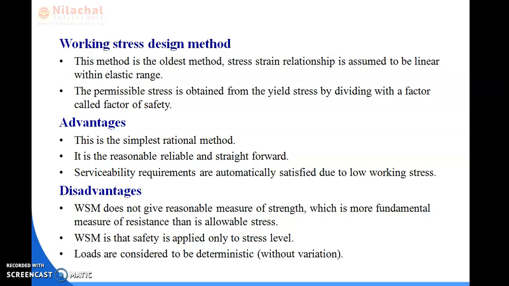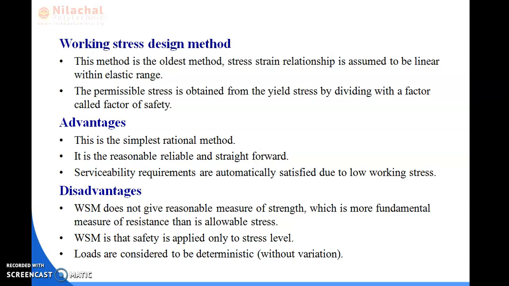First of all, we come to the working stress design method. This is the oldest method, and the stress-strain relationship is assumed to be linear within the elastic range. So in the working stress design method, we can only design a structure within its elastic range.